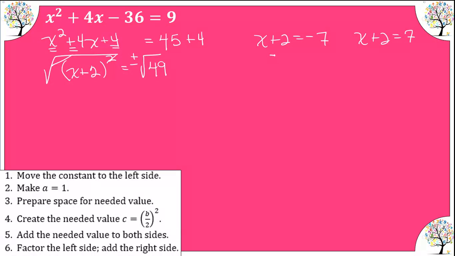We're going to solve for x. We're going to subtract 2. One root is negative 9. Our second root is positive 5. Our parabola crosses the x-axis at -9 and +5.